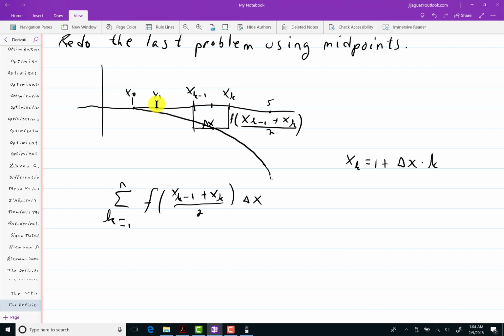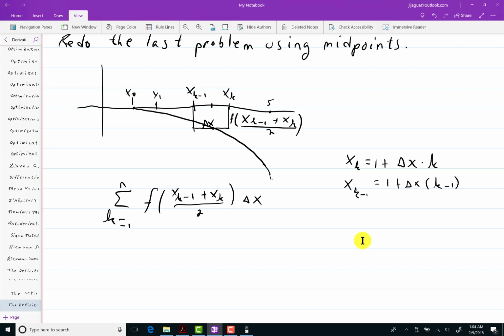Alright, then let's see if this works out. When k is equal to 1, I will be located at 1 plus delta x times 1, which is where I want it to be. x sub k minus 1 will equal 1 plus delta x times (k minus 1).